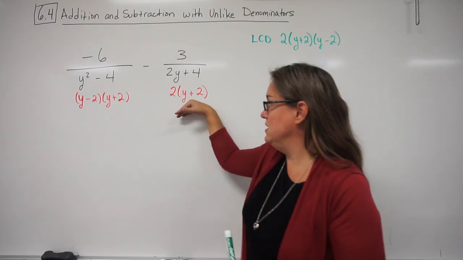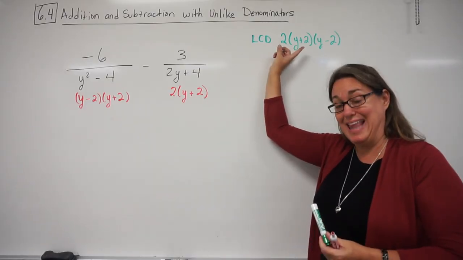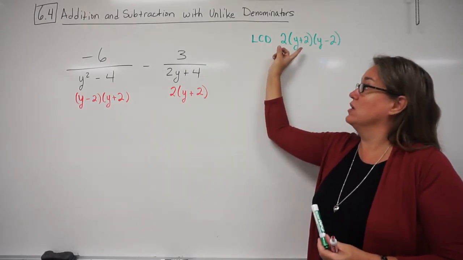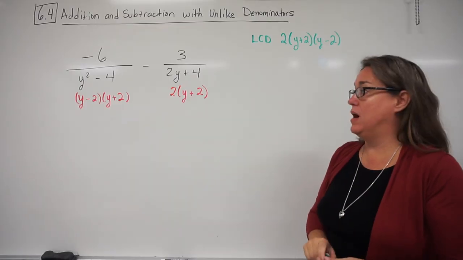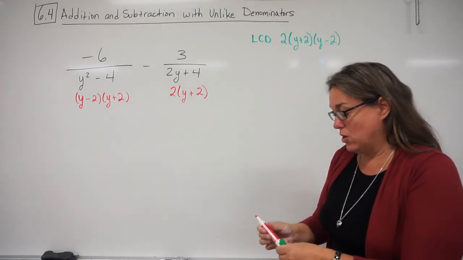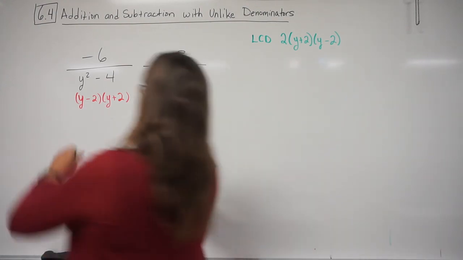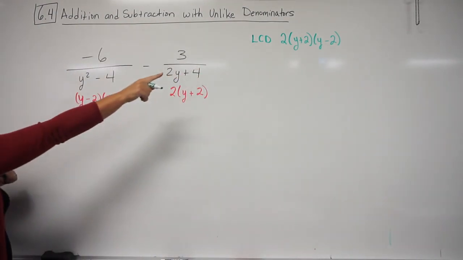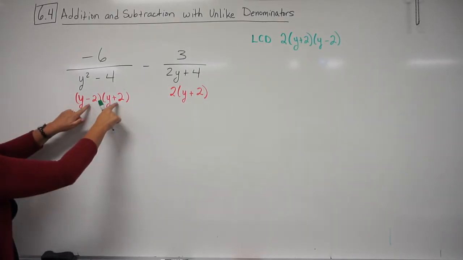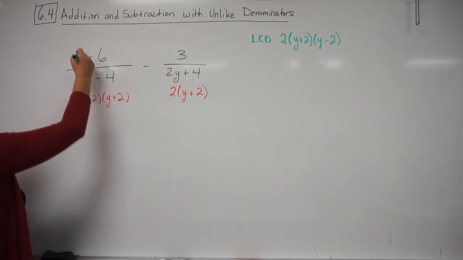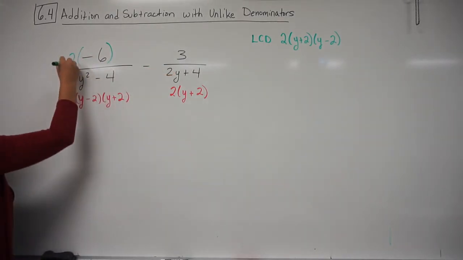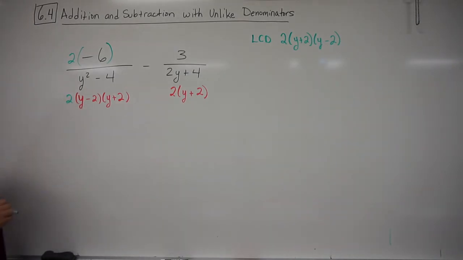So both of these go into that. And that's what we're concerned with when we're looking for a common denominator. So I'm going to multiply the top and the bottom by what's missing from each one of these. This is missing a 2 in comparison to the LCD. So multiply the top and the bottom by 2.